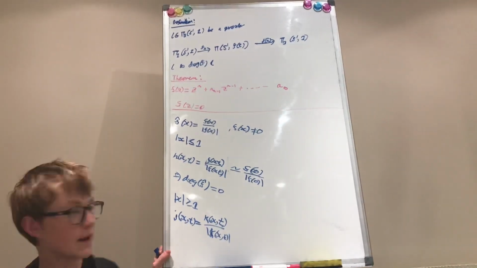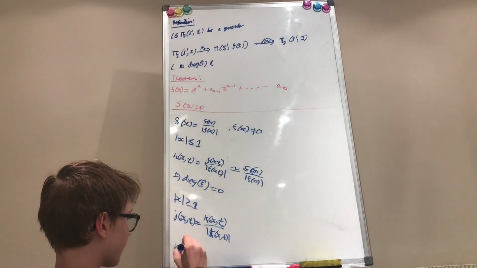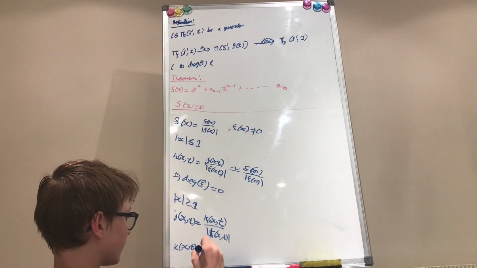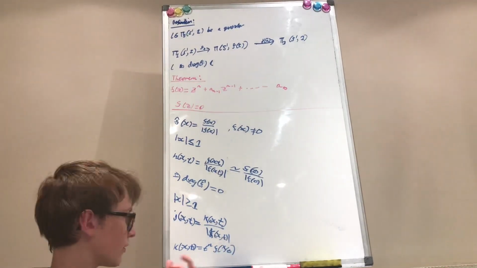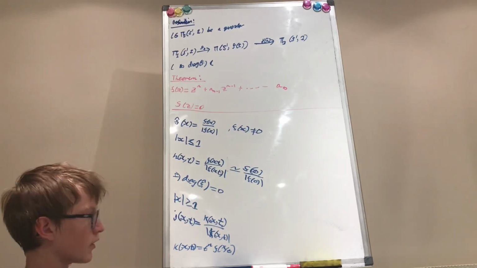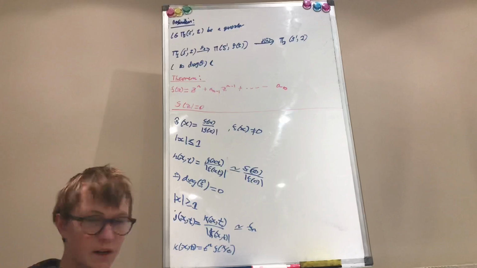And now k of xt is defined as t to the n f of x over t. And now we can deduce that this is homotopic to f sub n.